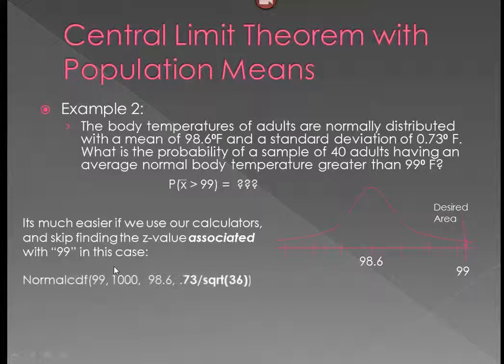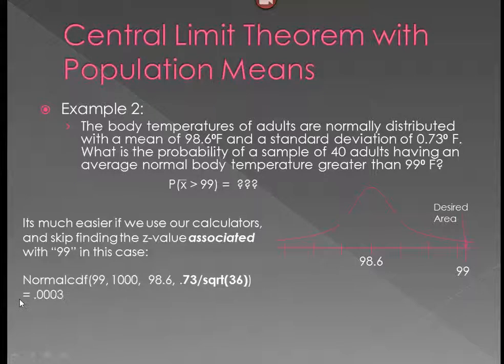Instead, think of this again in boundary terms: 99, and we want the area to its right, so we're going to go to something large like 1,000. We put the mean of the distribution, and then here we enter the new standard deviation. You don't even have to get the decimal, just enter the standard deviation of your population divided by the square root of 36.